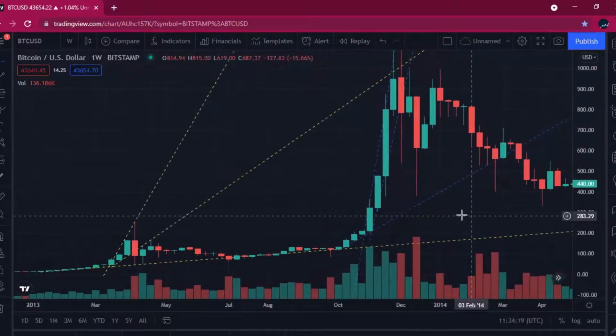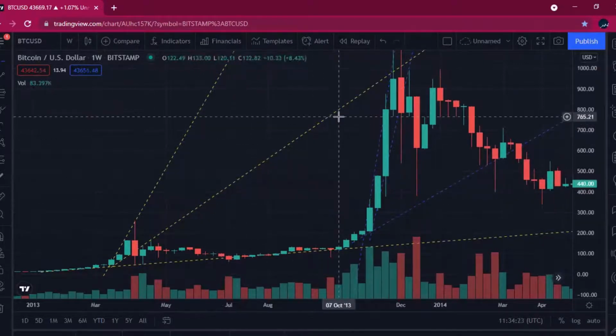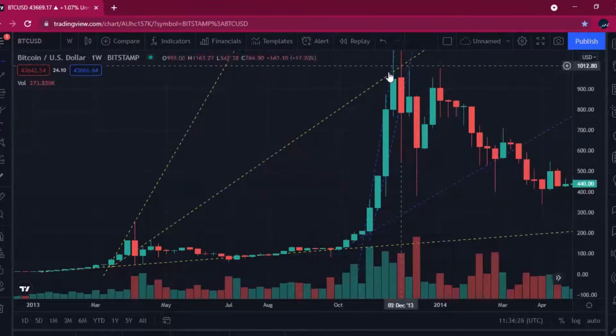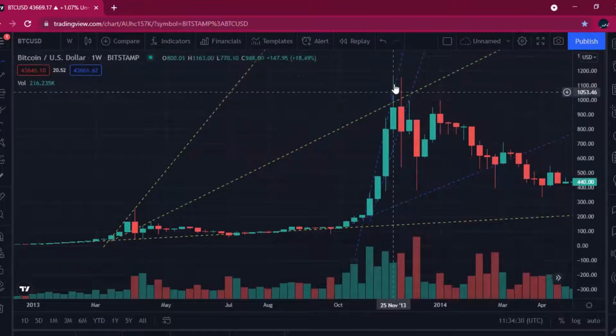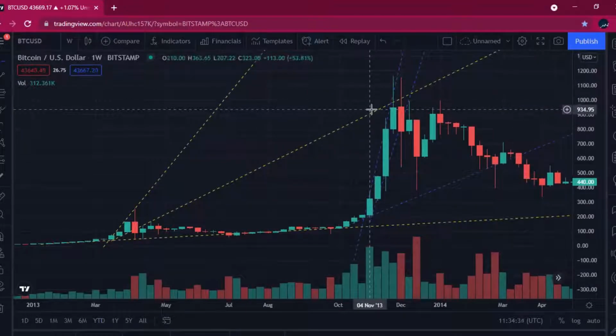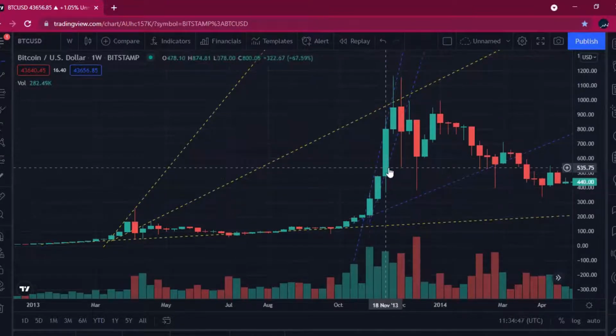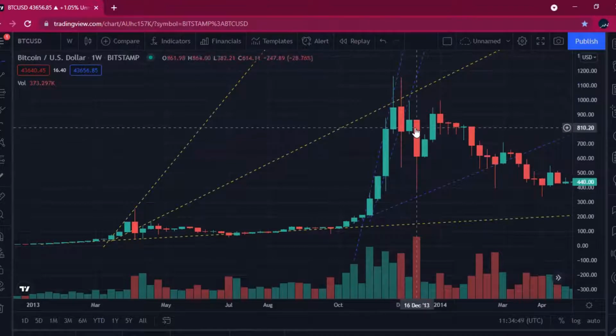What you can notice very quickly is this yellow byline, which now became a sell line when price was under it, is close to where people were selling. If it was here, it would be perfect. I'm not saying these lines are going to be useful in the future, but they could be guides, and we'll see if they're useful. I don't know how far into the future they will go and if they'll be paid attention to. So these are the blue bylines for 2013 and going into 14.